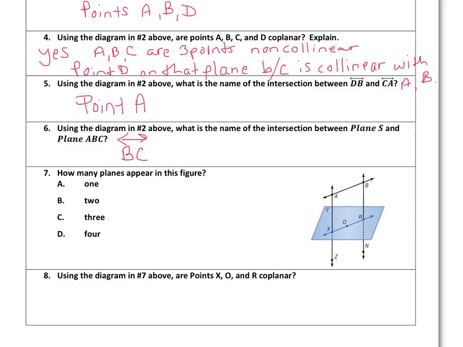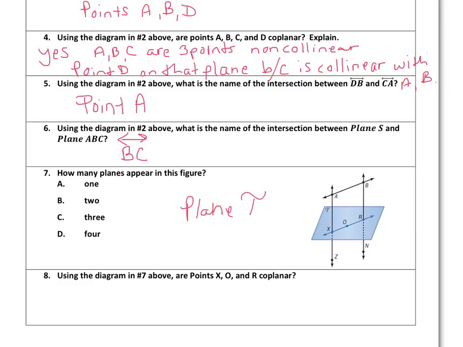Example 7. How many planes appear in the figure? Well, in this figure we have the shaded plane, and that plane is cursive T. And we have a plane that we can create with another piece of paper with all of these points here, A, B, R, N, Z, X. All of these will create a second plane, and it will be really only one plane because these points here are collinear, these points here are collinear.